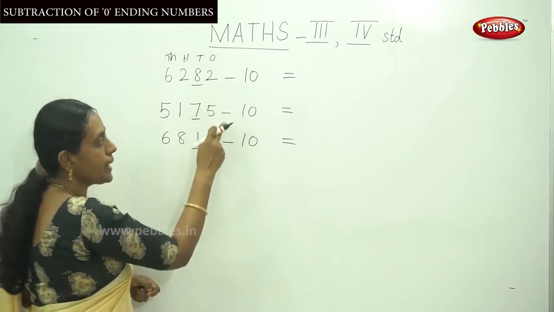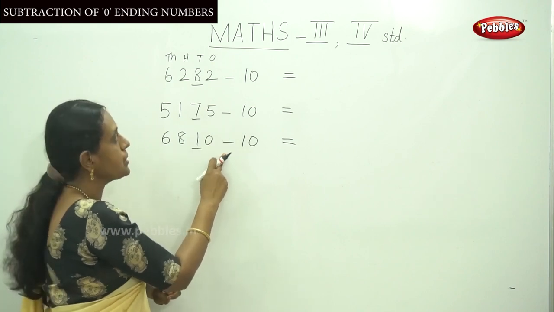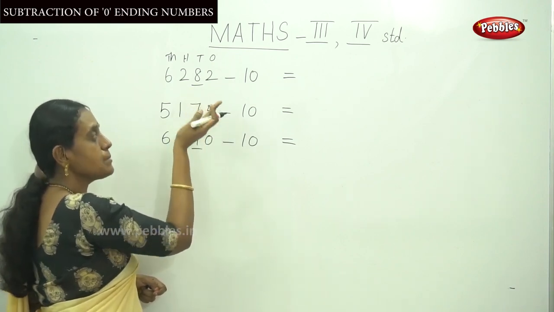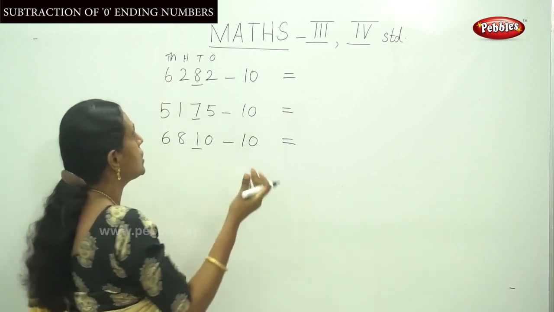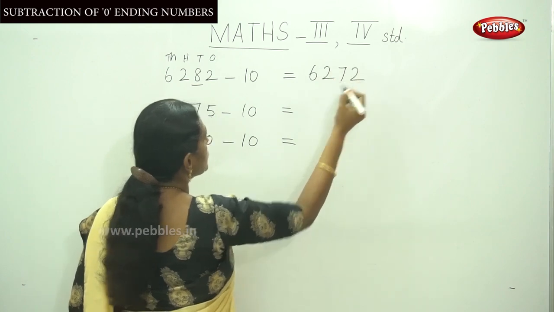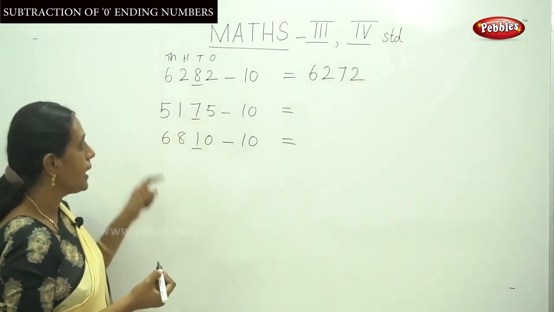Because of this subtraction, you have to write down the before number. Here the digit is 8, and the before number is 7. So write down 6272.